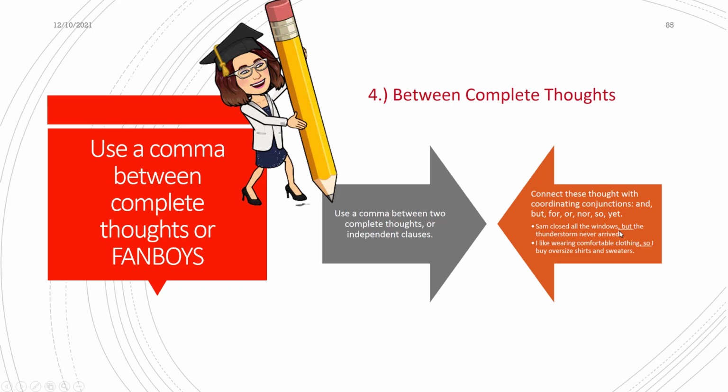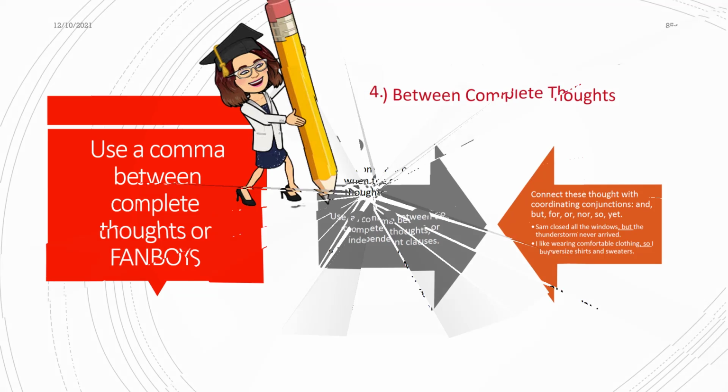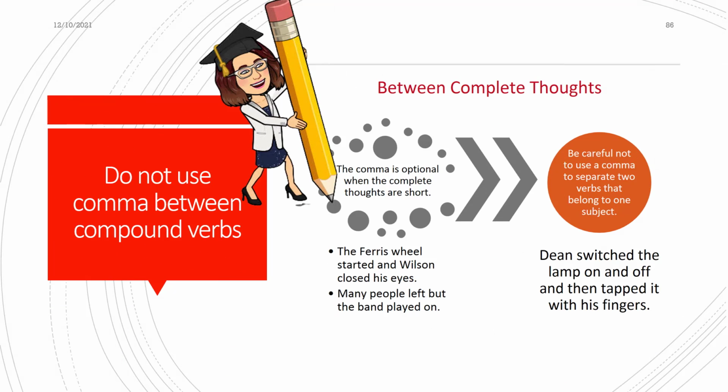This I know is the week 7 quiz, when I went over the three kinds of sentences: simple sentences, compound sentences, and complex sentences. And this is a compound sentence. So when FANBOYS is between two sentences, you gotta put in a comma.